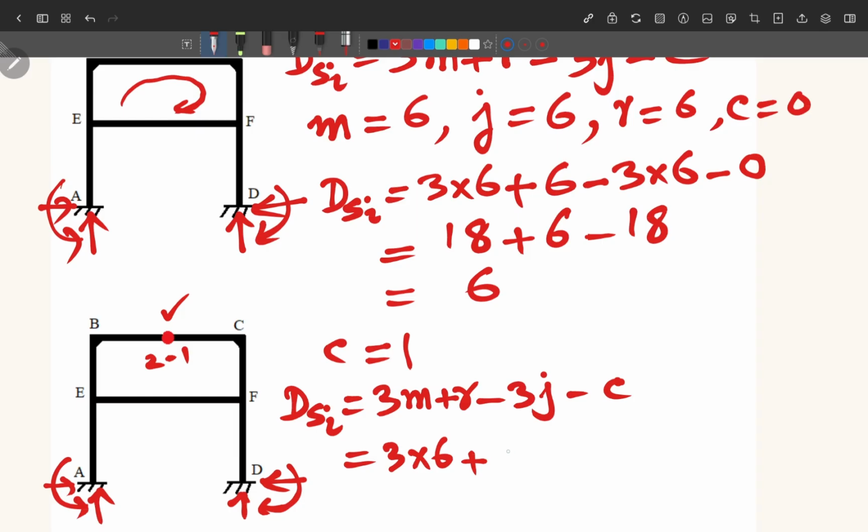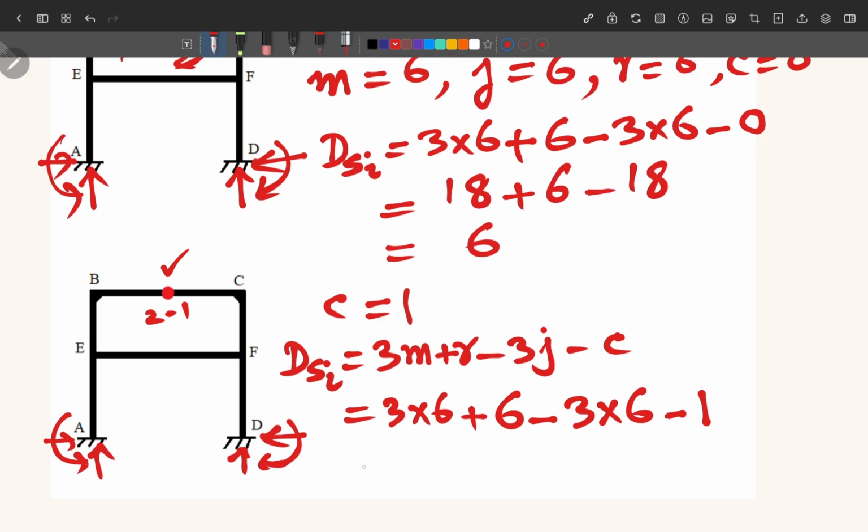So total reactions are 6, and the joints A, E, B, C, F, D. So we have here the joints also equal to 6. So 3 times 6, and condition equations 2 minus 1, that is C is equal to 1. Remember that you will not count this hinge as a joint.